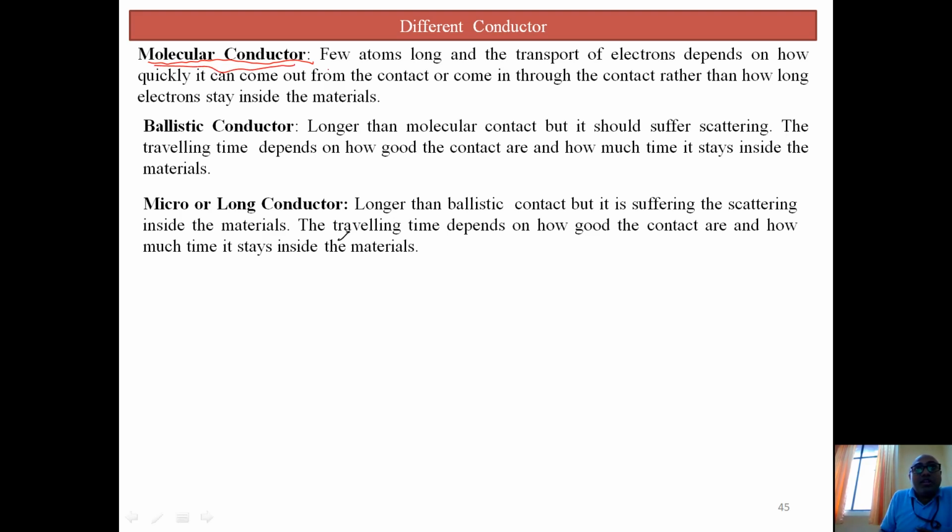So here we are writing a few atoms long, and the transport of electrons really depends on how quickly it can come out from the contact or come in through the contact, rather than how long electrons stay inside the material. Yes, that's it.